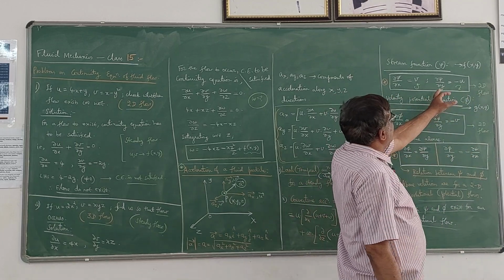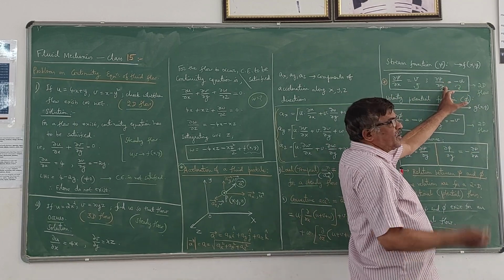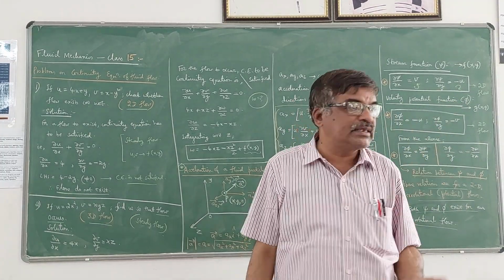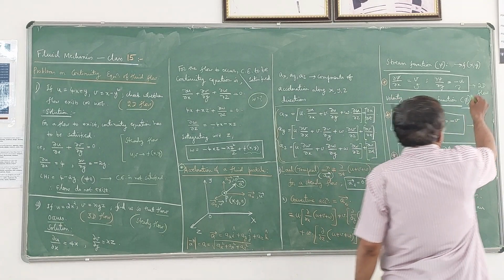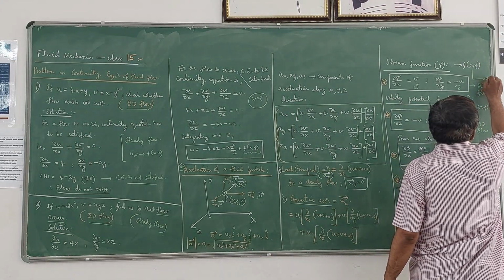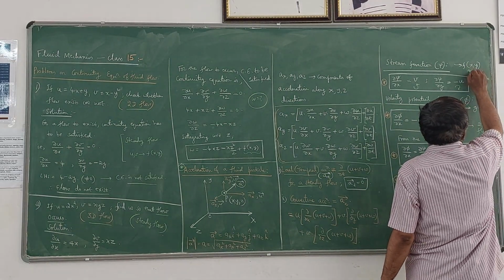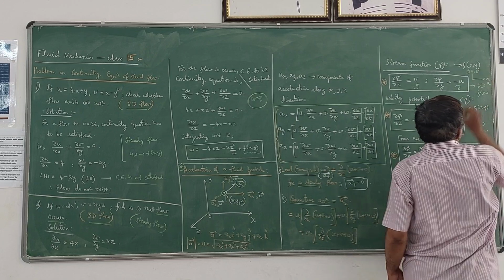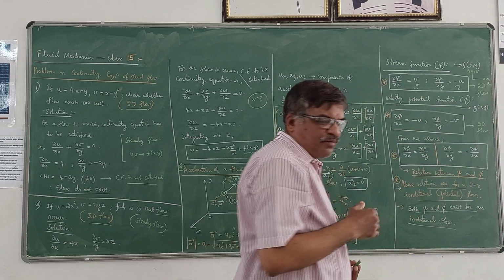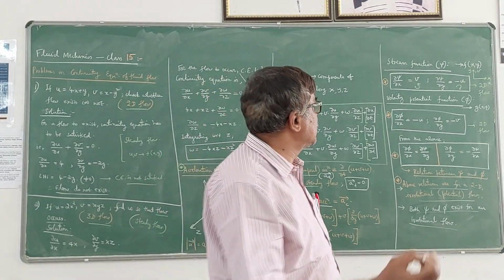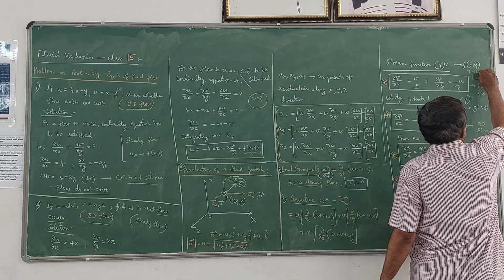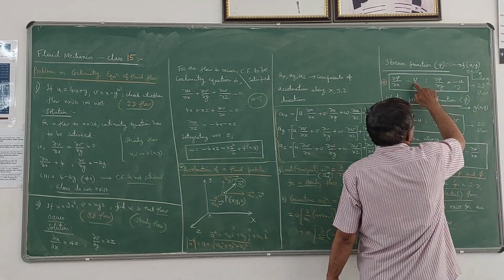If you are differentiating with respect to y, you get the other component, that is u, but it is negative. The reason is, just observe here, this is the x direction, this is the y direction; u will be in the x direction, v will be in the y direction. If you are differentiating with respect to x, you move in the anti-clockwise direction, so you get v.